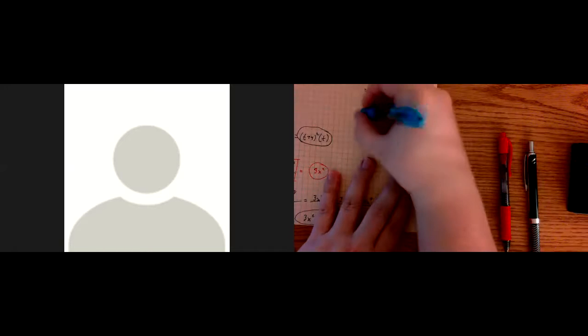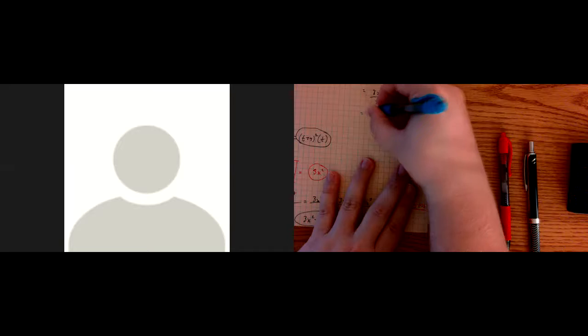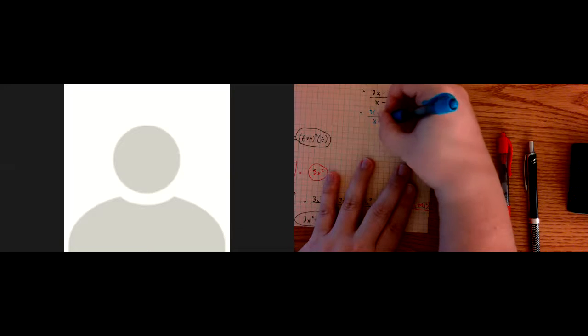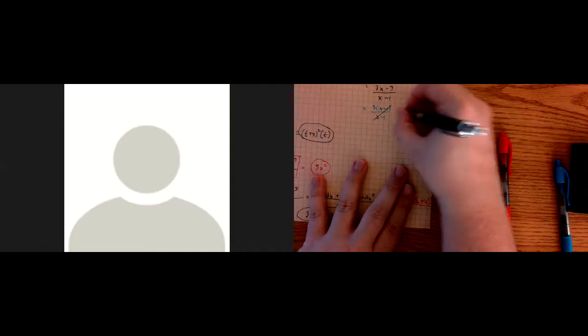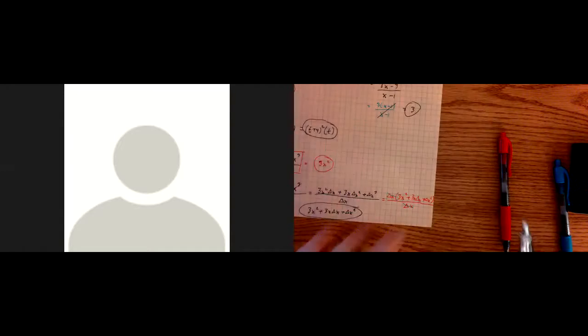From there, you can factor a 3 out of everything on top. So 3 times x minus 1 over x minus 1. And the x minus 1's cancel, leaving just 3. And so the answer on number 10 is just 3.